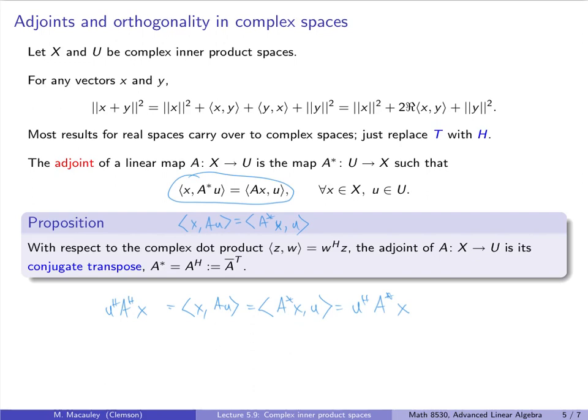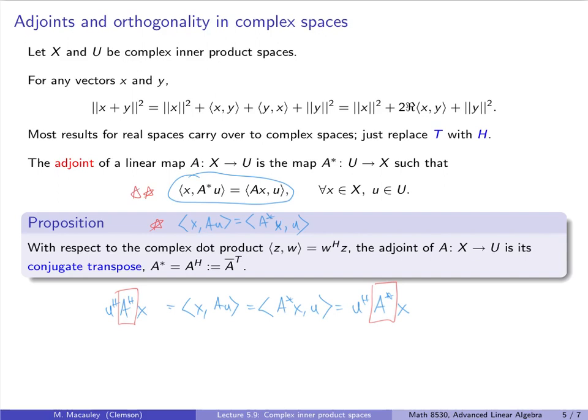And so for these two things to be equal, the left-hand side and the right-hand side, it's obvious that A^H has to be equal to A star. Now that's if you use this definition here.